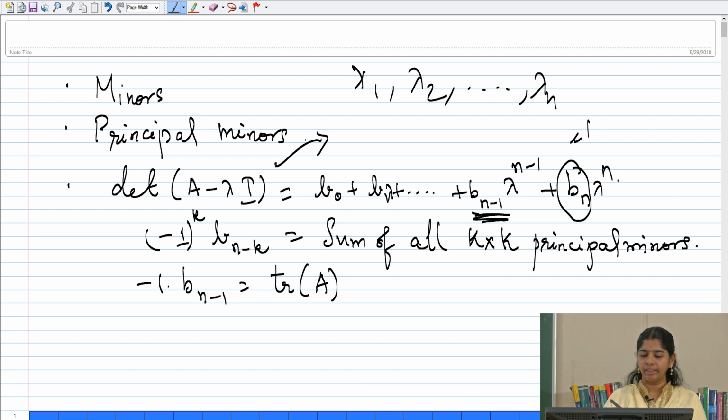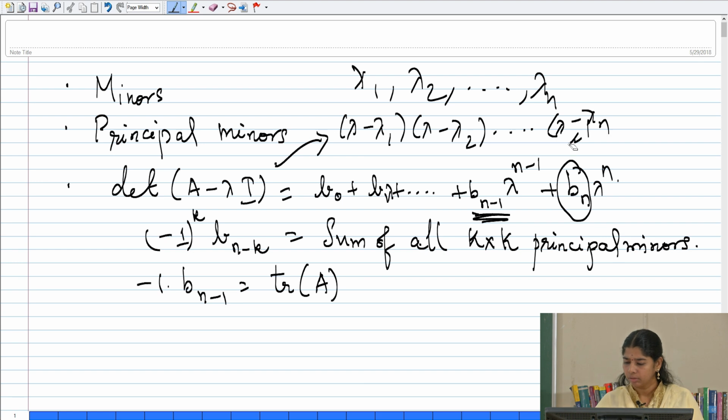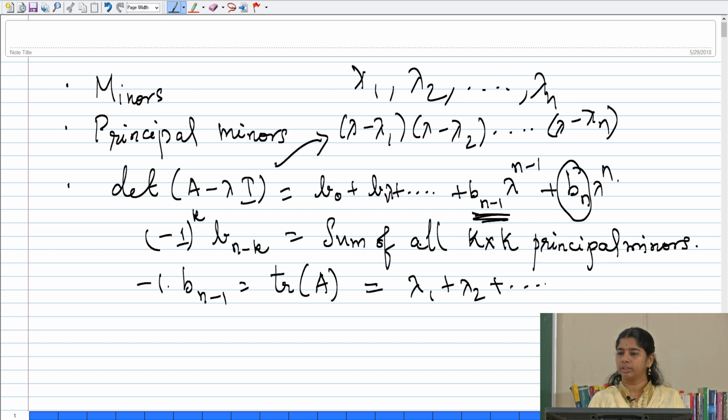then we can also write the same polynomial as factors, right: lambda minus lambda 1 into lambda minus lambda 2 and so on. With this representation, if we look at the coefficient of lambda power n minus 1, we also know that this would be nothing but the sum of all the eigenvalues, right.